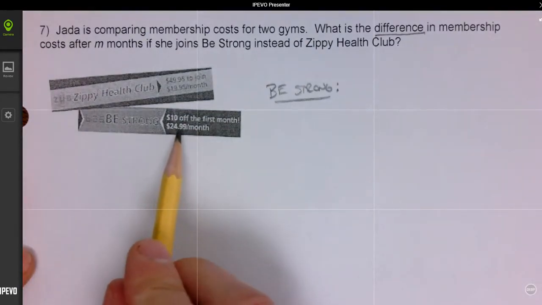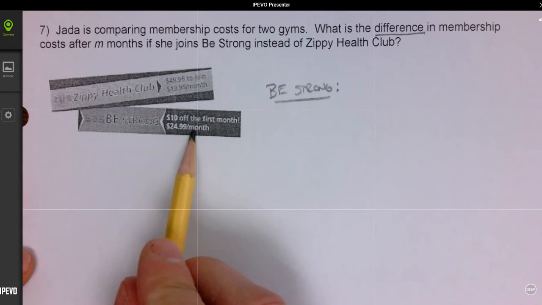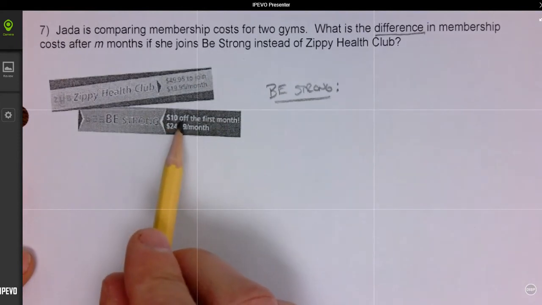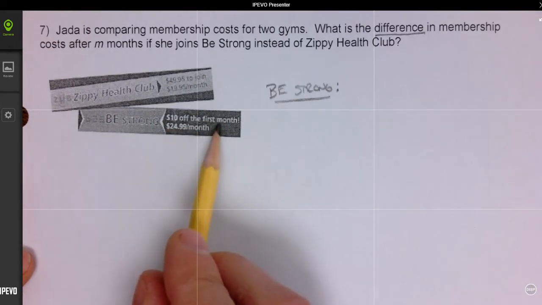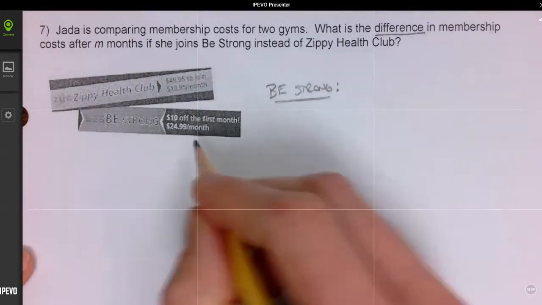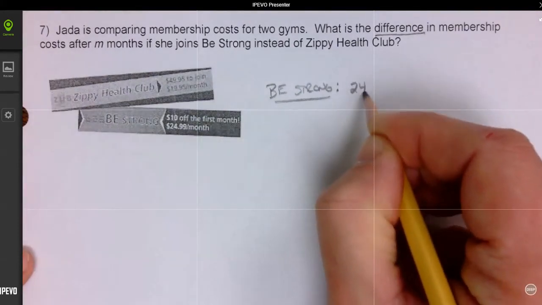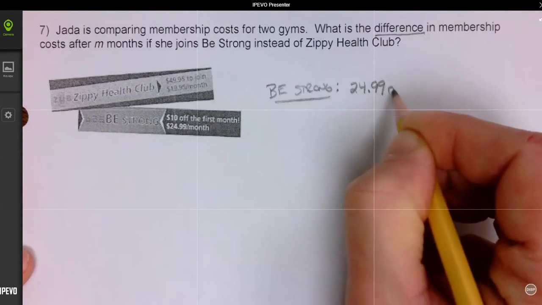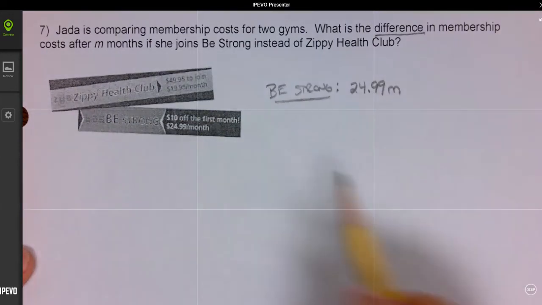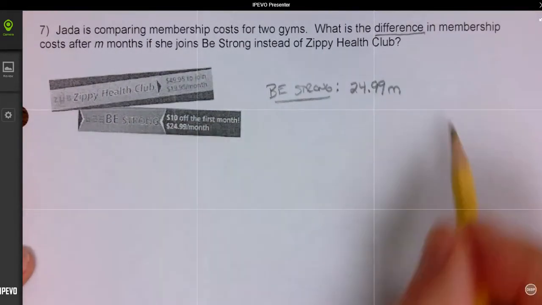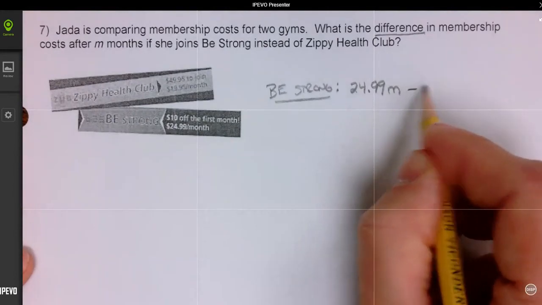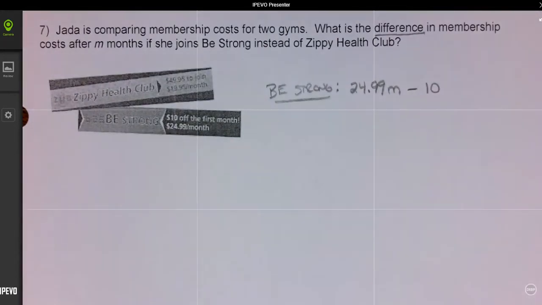We're told that it costs $24.99 per month, and you get $10 off for the first month. So we're going to take the monthly cost, $24.99, and multiply it by M, the number of months. And we get to save $10 one time off of the first month, so minus 10. That represents the cost of joining Be Strong.